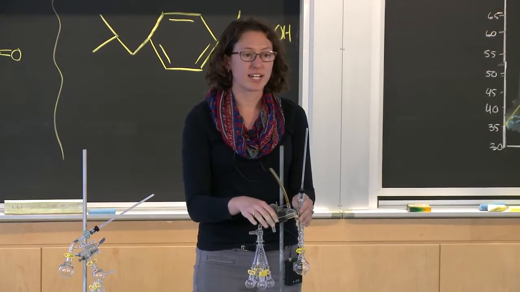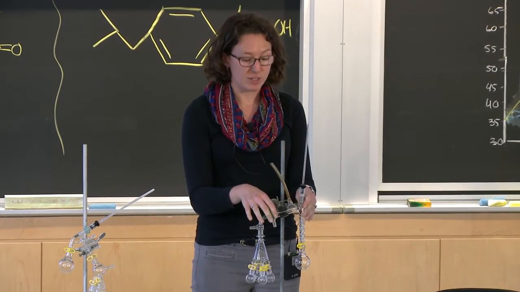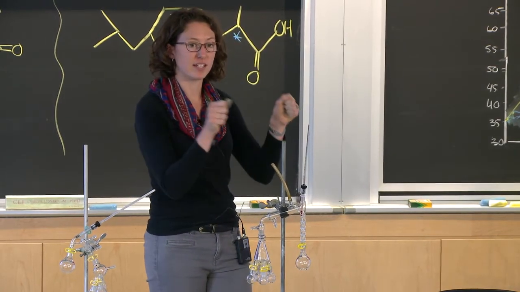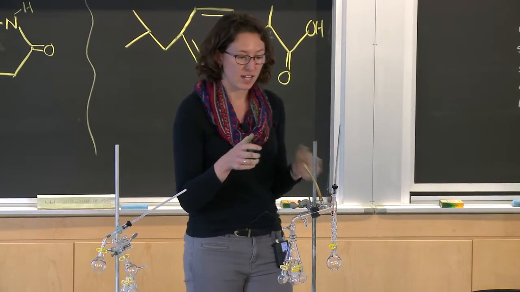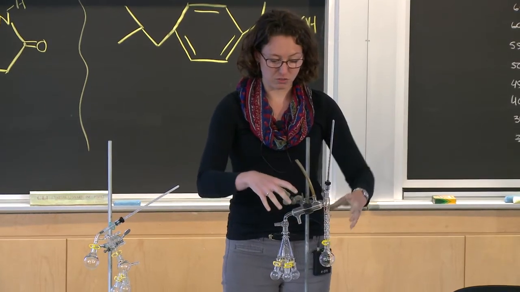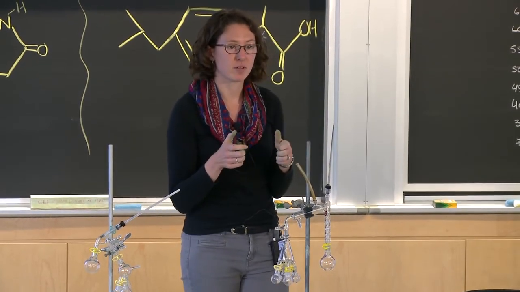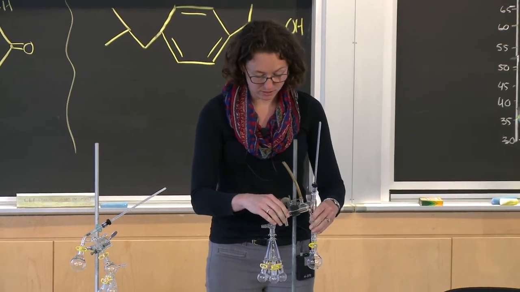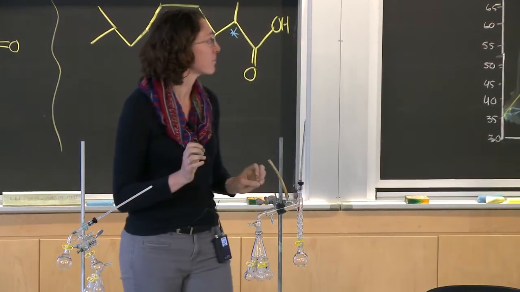You're going to get it as a kit from the stockroom, and it will have this one big piece of glassware in it. So be very careful when you are opening and taking things out of this kit, because this is a large piece of glassware. It should be wrapped in bubble wrap in most cases, but we don't want to break it because it is expensive and a specialty piece of equipment.